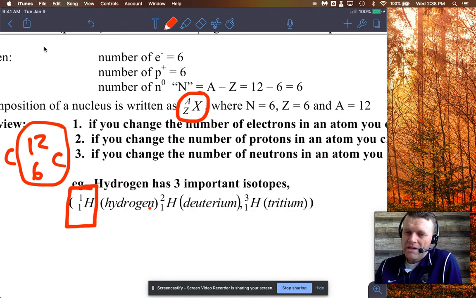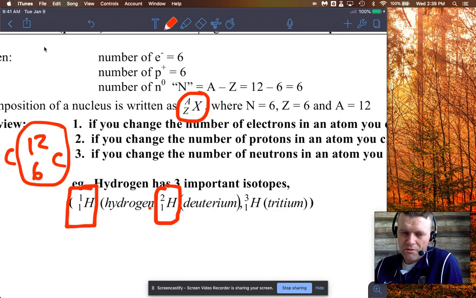So that makes the nucleon number 1 and the proton number 1, because there's only 1 nucleon in the nucleus. Deuterium, though, has 1 proton and 1 neutron. You add those 2 together and you get a 2 on top, but you still have a 1 on the bottom because it's still hydrogen. We didn't change the proton number, we just changed the nucleon number.